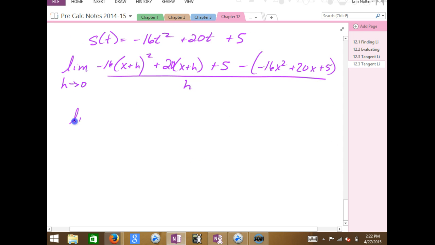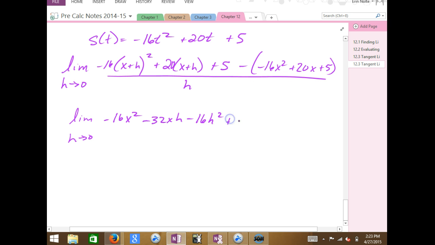Okay, so I'll do this quickly for you guys so we don't have to spend too much time on the algebra of this. The first thing I have to do is square the quantity, so FOIL, and then I'm going to distribute the negative 16 through at the same time, if that doesn't hurt your feelings. So it'd be negative 16x squared, then 2xh times negative 16, so that's negative 32xh, minus 16h squared.